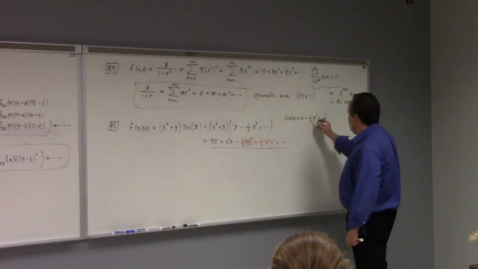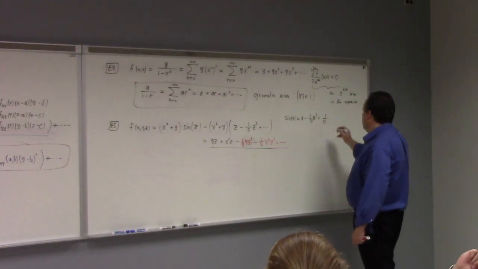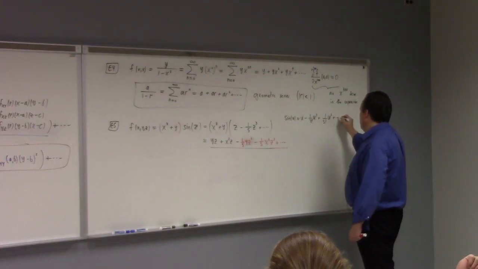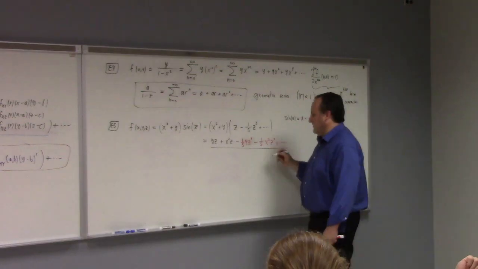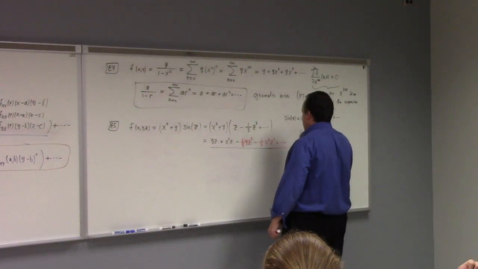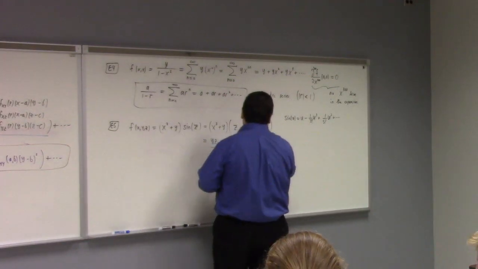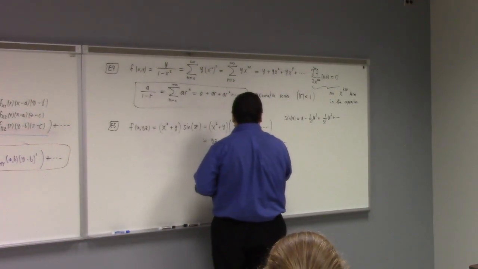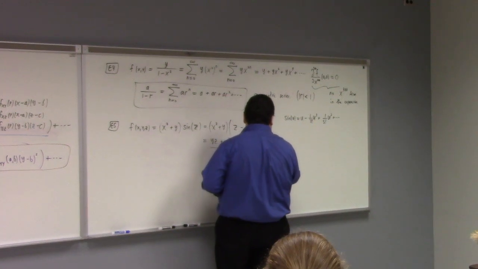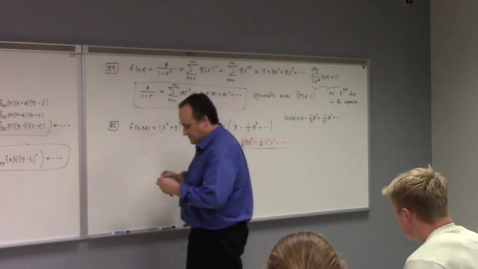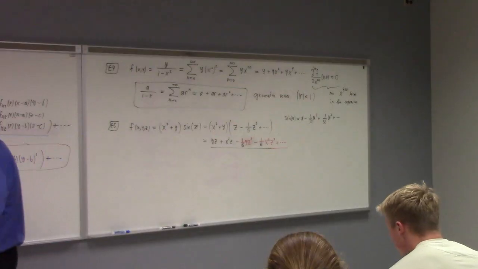Isn't it 3 factorial? Oh goodness gracious. Those are not 5s, those are 6s. Oh, it's much worse. Yes, let's try to remember the power series. I need to teach Calc 2 again, apparently. All right, there we go. 6s all around.